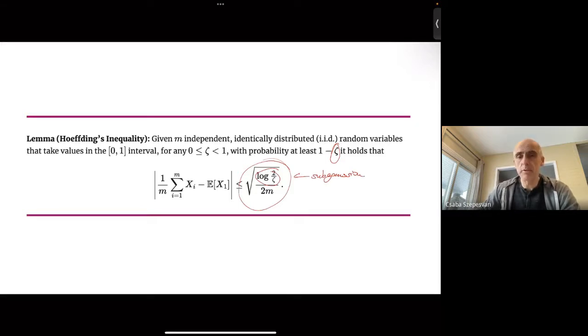And we shouldn't really be surprised to see Gaussians showing up, because we know from our probability courses that sample means have the central limit tendency.